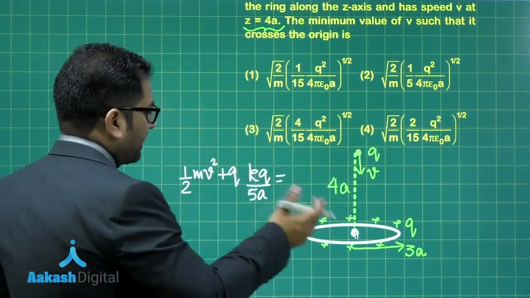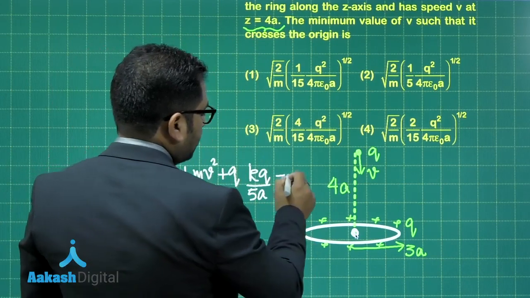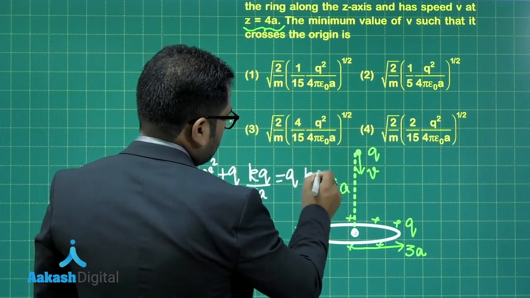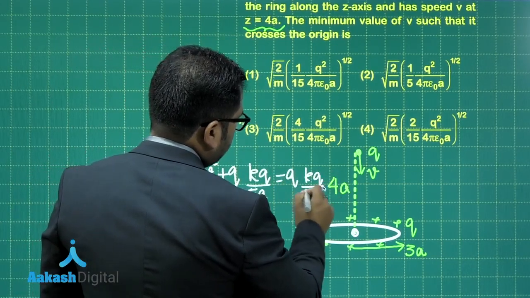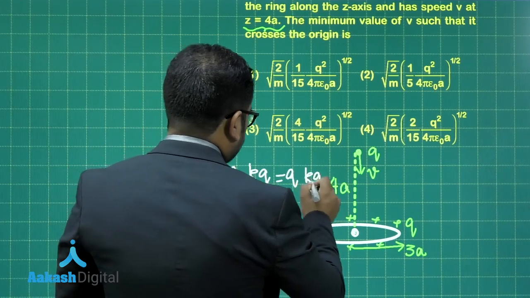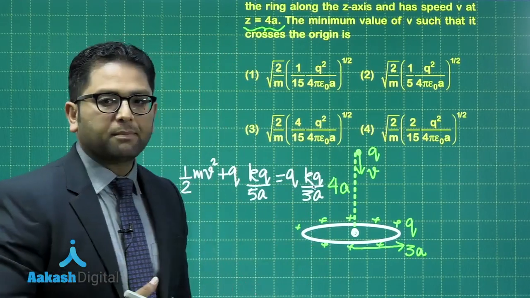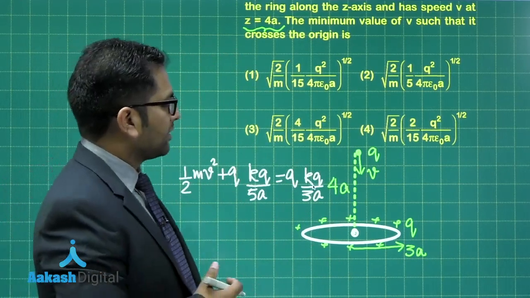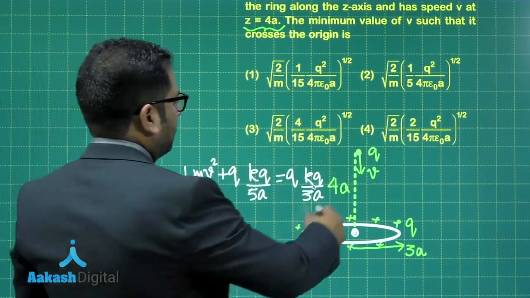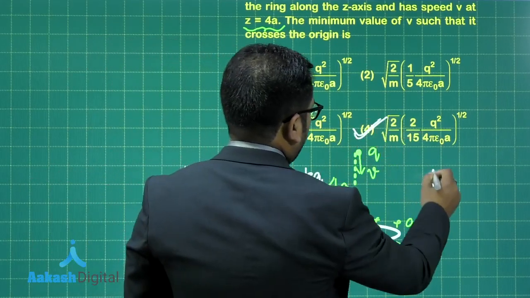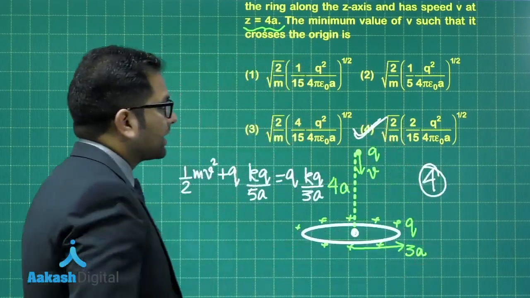And when I write the potential energy at the origin, that will be Q into kQ divided by 3a. That's only the game. Now you need to put the value of k as 1 by 4 pi epsilon naught. You solve it and you would land up with option number 4 as the correct option.